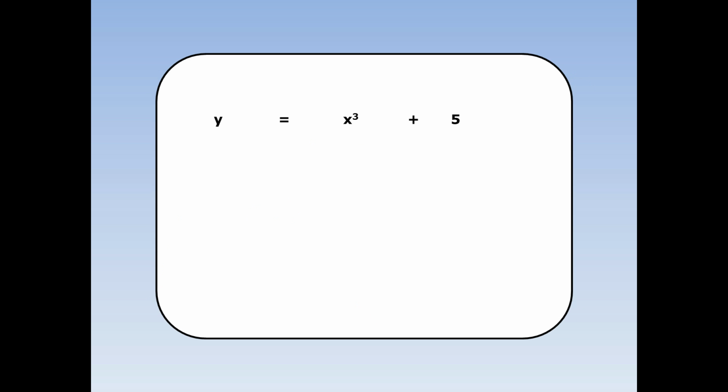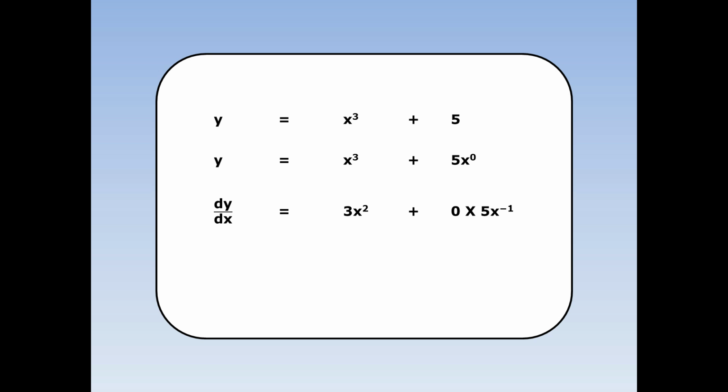Now what happens if I have a single number by itself, or a constant? I've got no x value to drop down the front to multiply. Now if you remember, x to the 0 equals 1, so I'm going to rewrite 5 as 5x to the 0. Now I've got x to the something to differentiate with.